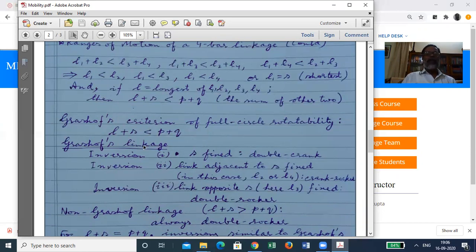Now consider the inversions. If you fix the shortest one, the way we have done in this particular case, you get a double crank. Now you see, the way the word crank is being used here, it is not used as input link, it is used for full circle rotatability.